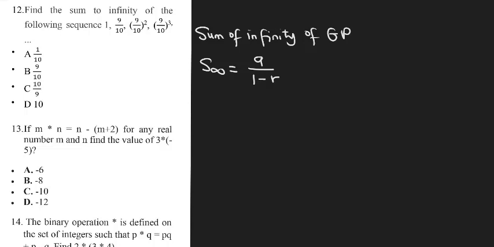So here we know that A is the first term, and from our question, our first term A is 1, right? So which is 1. Then our R is always known as the common ratio.